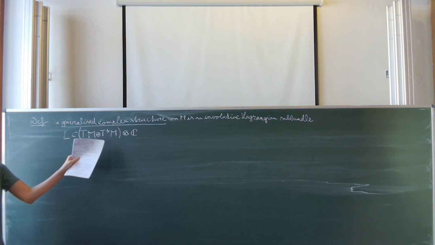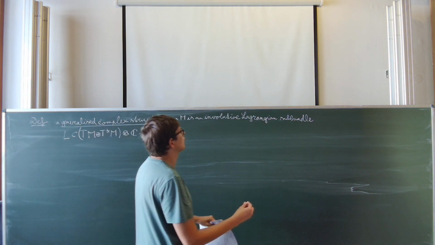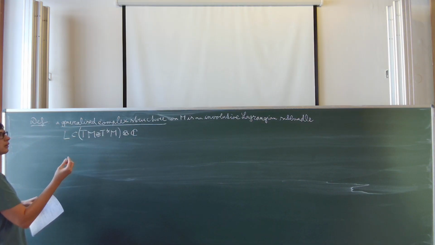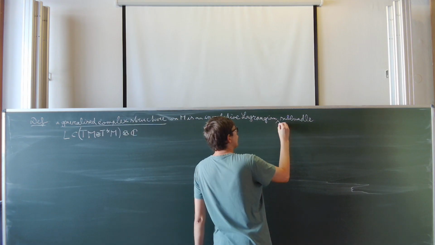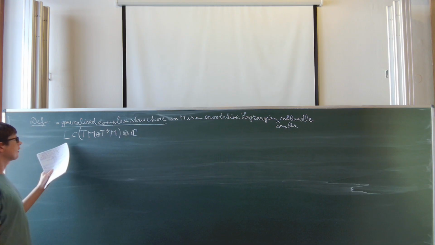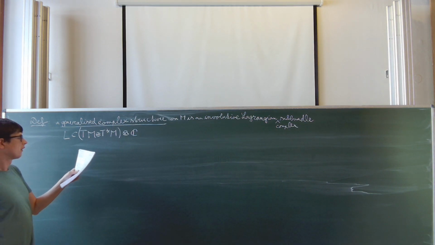I'm not going to write it because it really just means that. So you just take a complex subspace at every point. It's kind of like a complex version of the previous thing.